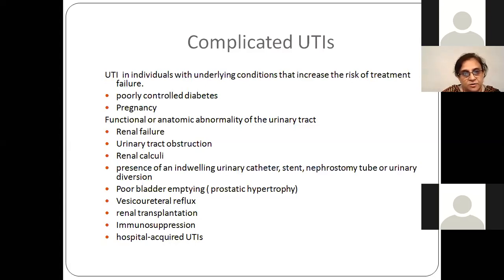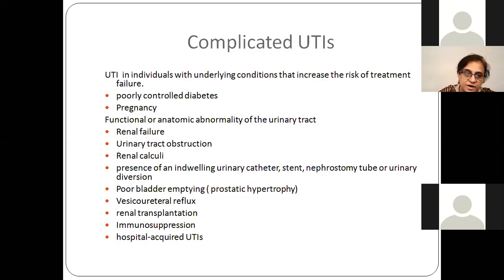Functional and anatomical abnormalities can include renal failure. In renal failure, the kidney is already diseased. There can be a number of other reasons other than urinary infection where the kidney can be damaged. Because of that damaged kidney, there is poor production of urine, less volume, less concentration, the pH is abnormal, and the flushing action is also not there. So renal failure can predispose to infection.